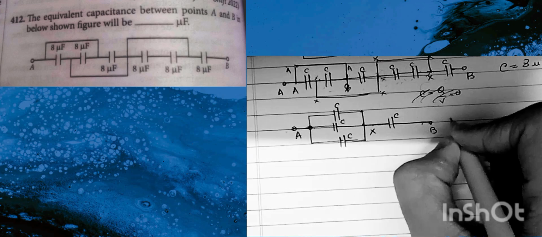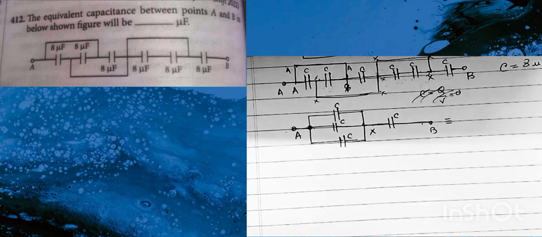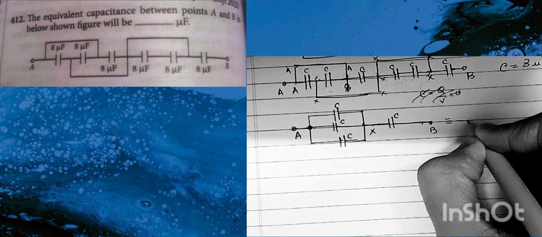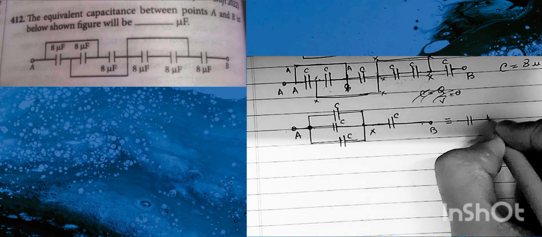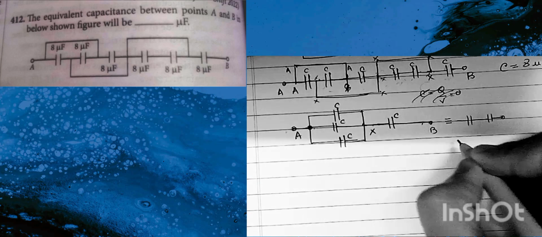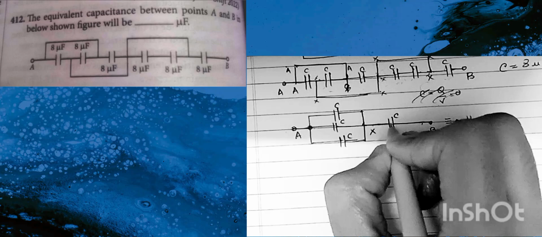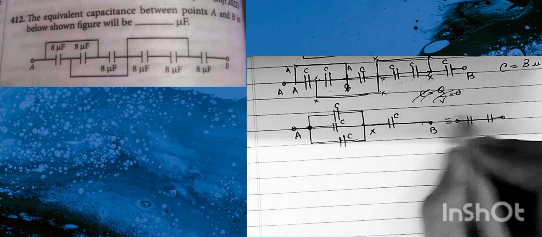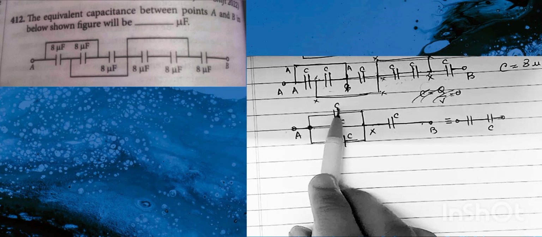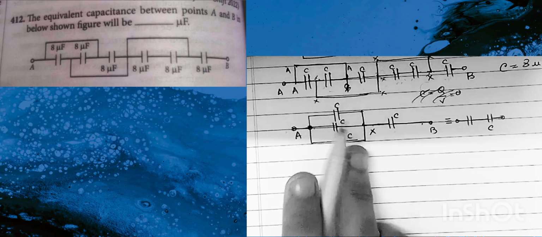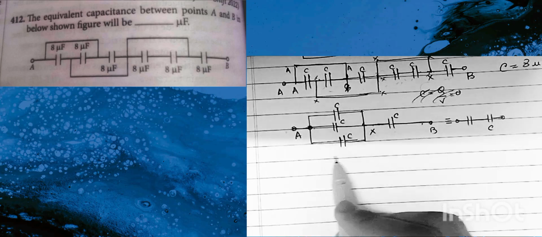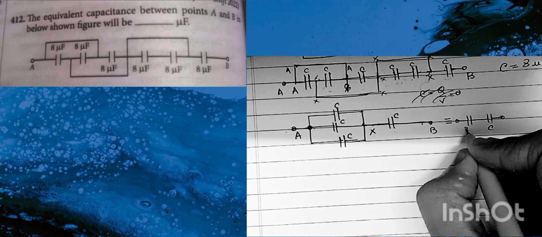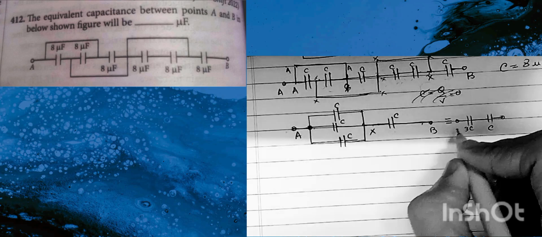So if we simplify the circuit further, what we get is 2 capacitors connected in series. This one is C, and these 3 capacitors are connected in parallel, so their equivalent capacitance will be 3C. I hope it's very clear.